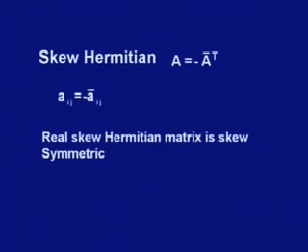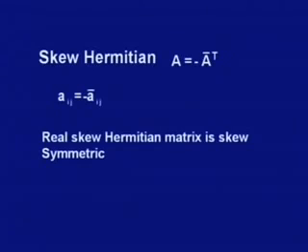Now, a skew Hermitian matrix is defined as a square matrix A which is equal to minus A bar transpose. That means the element Aij in A becomes minus Aij bar in A bar transpose.